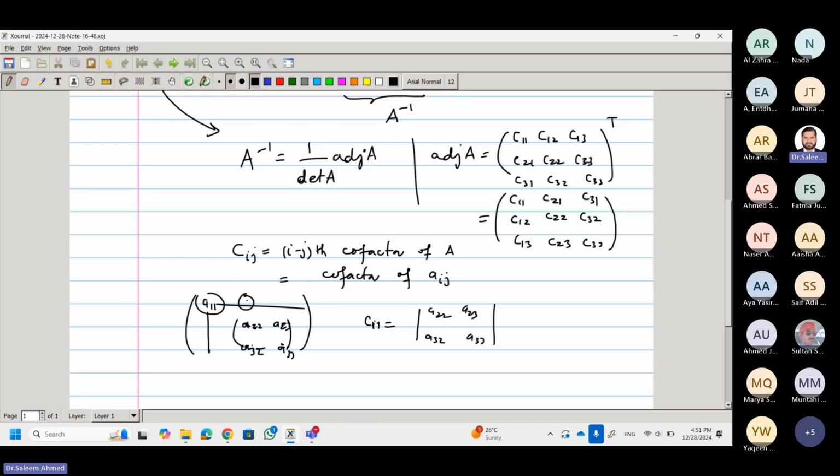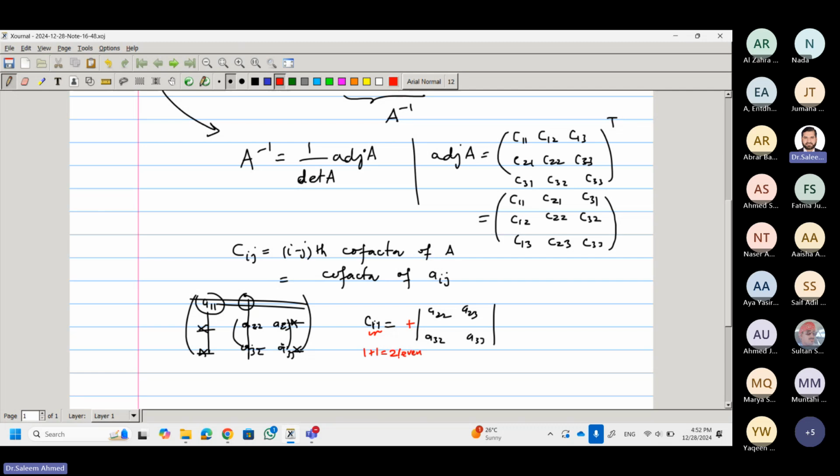If you go to the second one, remove this row and this column, and you will get a number from here, a number from here, a number from here, and a number from here, and take the determinant. And this also gives you a plus or minus sign. For C11, the sum of row and column, 1 plus 1, is 2, which is even.